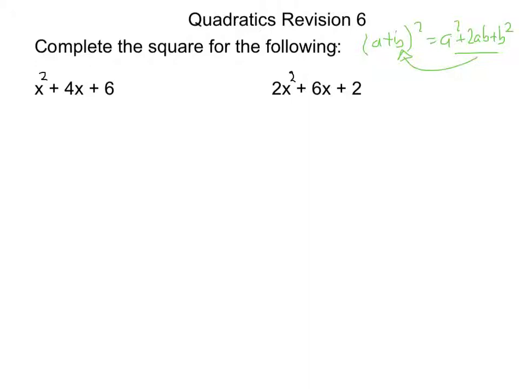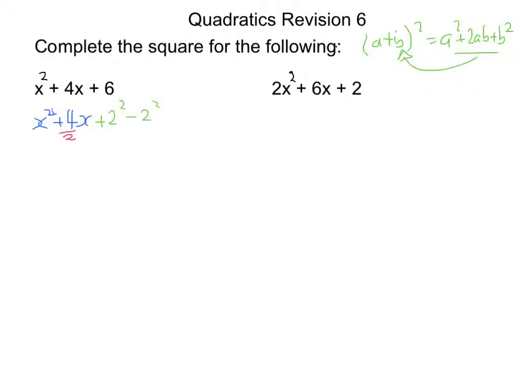So I'm going to start by writing out the first of these two examples, x squared plus 4x. Now, what we need to do is get the coefficient of 4 and divide it by 2. And 4 divided by 2 is 2. So we're going to go plus 2 squared and take away 2 squared.